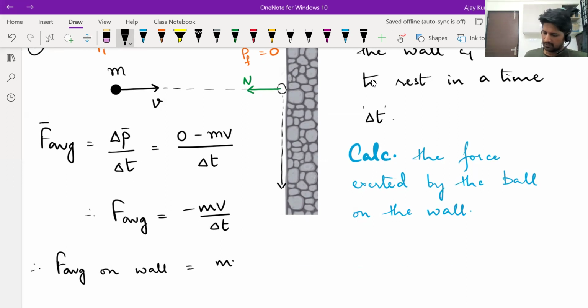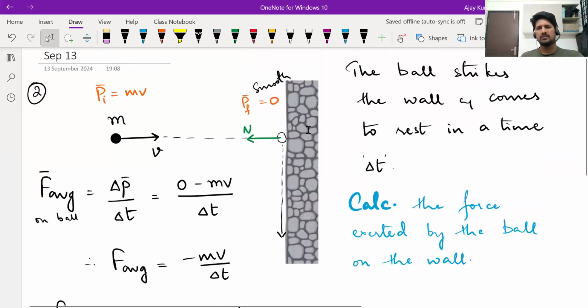So it will be mv by delta t. Change in momentum divided by time taken. Here the change in momentum itself is mv because final momentum of the ball is becoming 0. So first I found out the average force on the ball. Then on the wall it will be the reverse of that, negative of that.